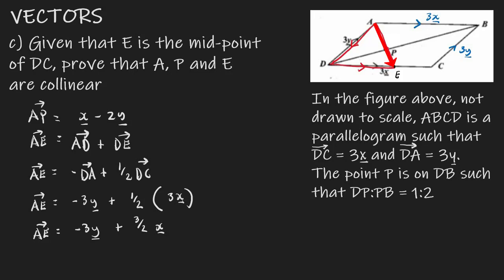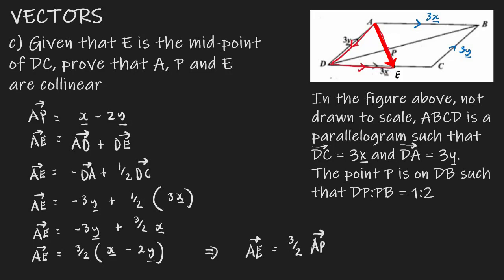Here I could factor out the 3 on 2 and I would get vector AE is equal to 3 on 2 times x minus 2y. Recall, vector AP is equal to x minus 2y.